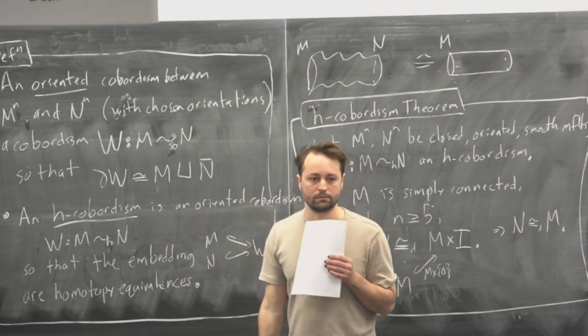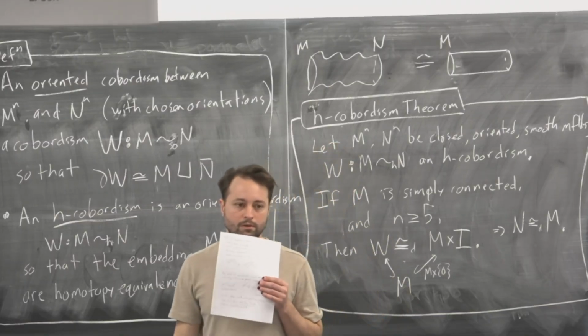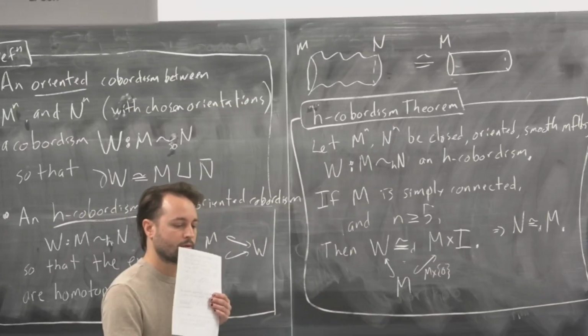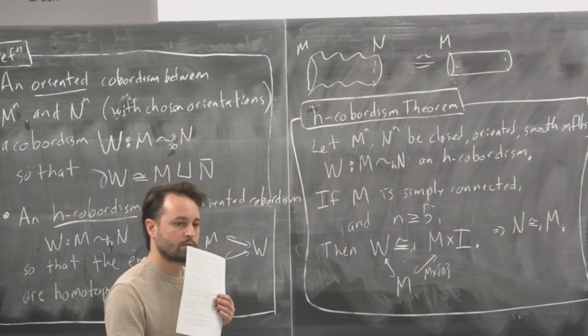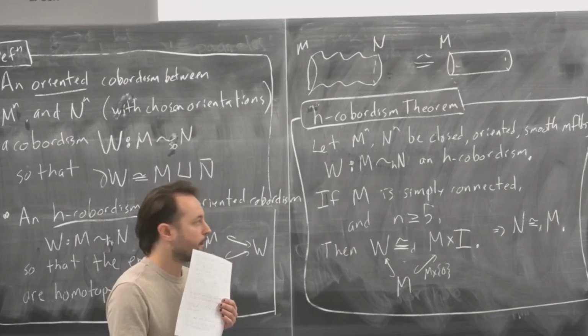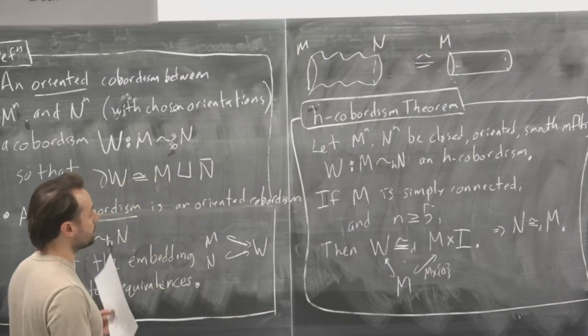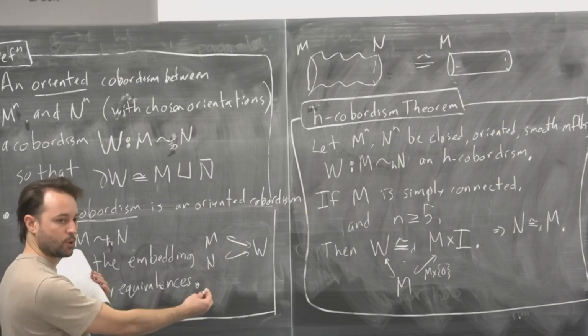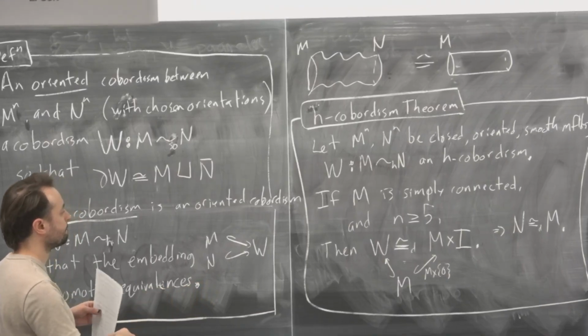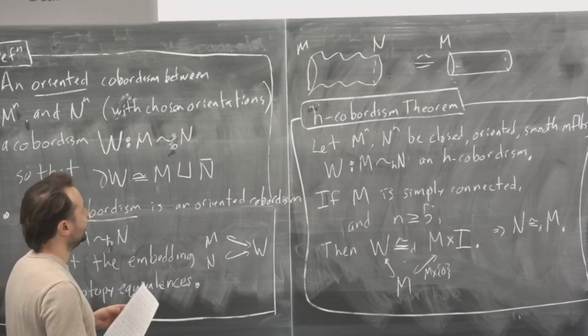Can you keep going with the homotopy groups for manifolds that are not simply connected? Will there be no such thing as an h-Cobordism between those? You can have manifolds that aren't simply connected and have an h-Cobordism between them. They have to have the same homotopy groups in that case.